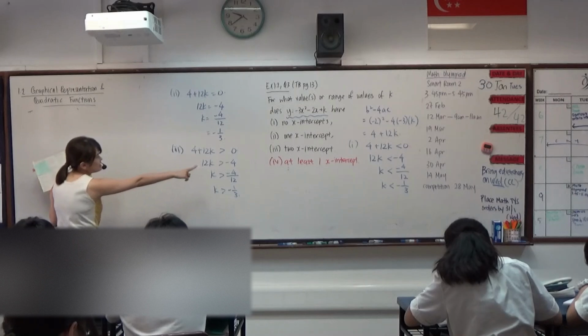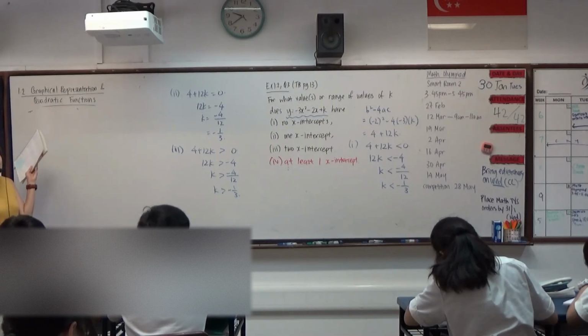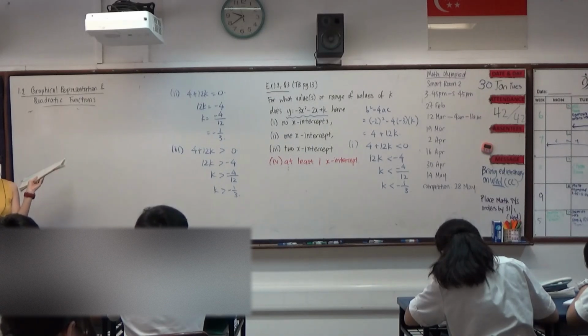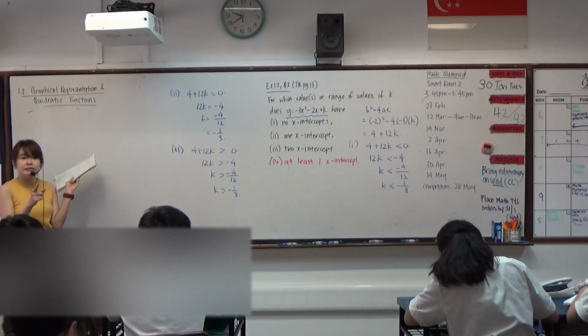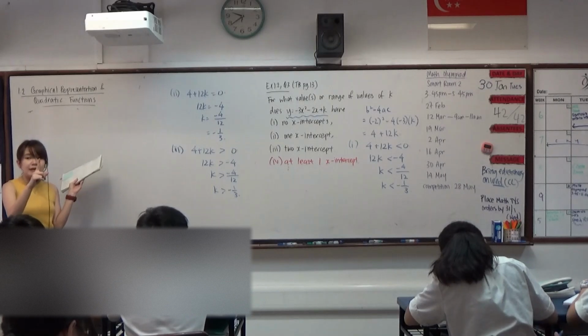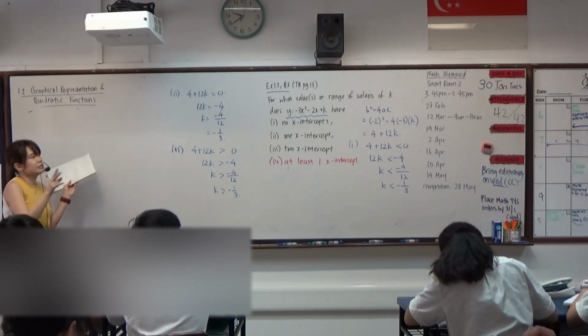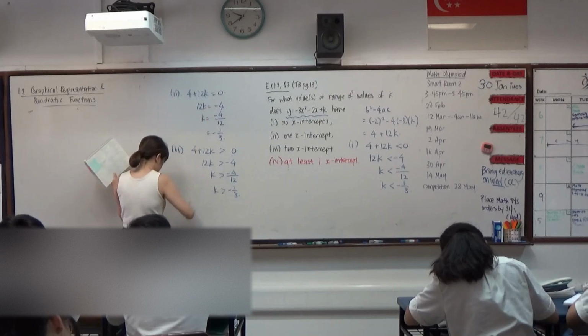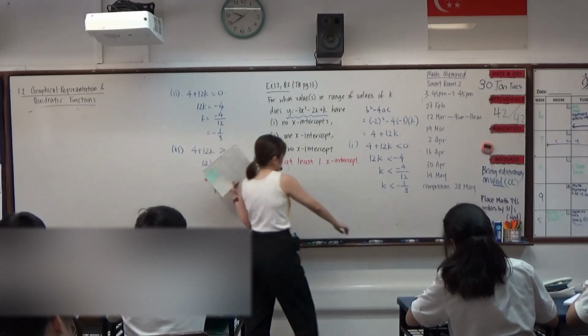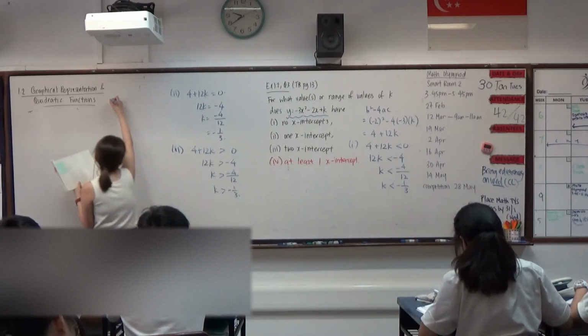Now, why is it that I extended the question in part 4? Because I want us to think about at least one x-intercept. What does that mean? At least one means there can be one x-intercept or two x-intercepts. So what should be the sign that we take over here? It should be greater than or equals to.